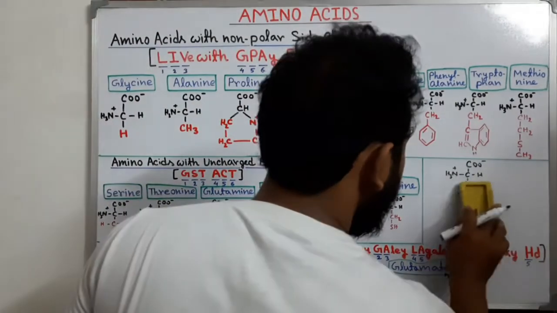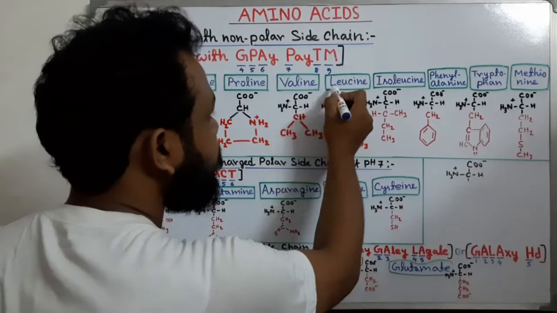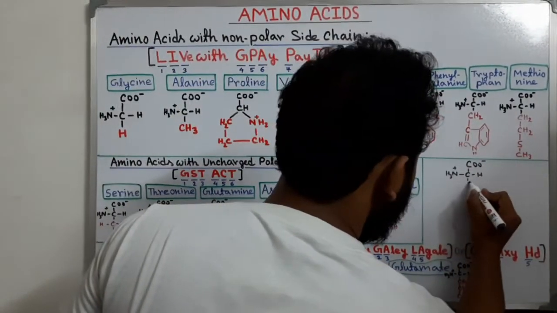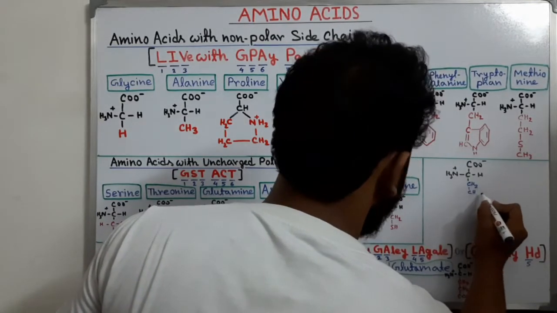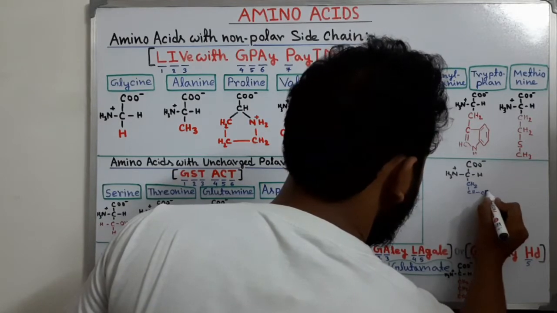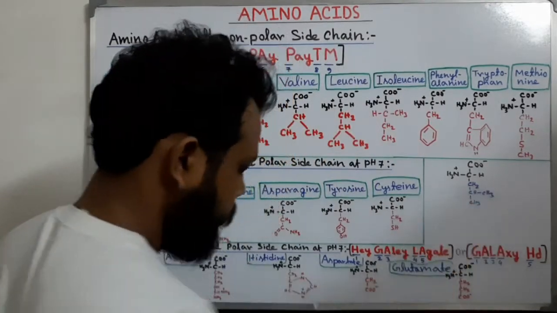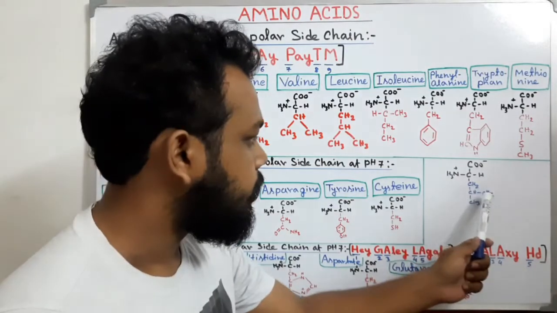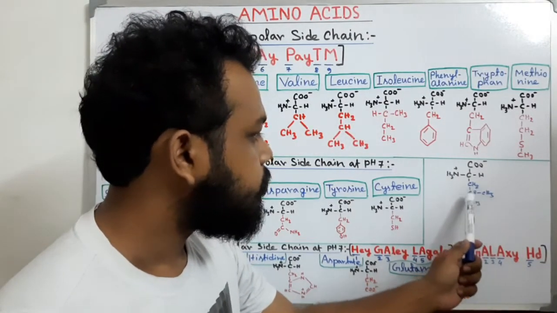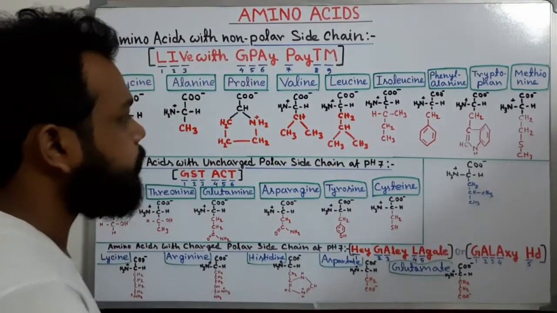Next one is leucine. For leucine, the first letter is L. You can draw it like this: CH2, CH, CH3 and CH3. It is an L-shaped structure in the opposite direction.